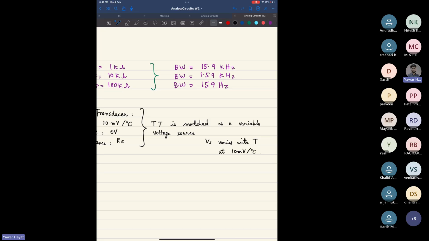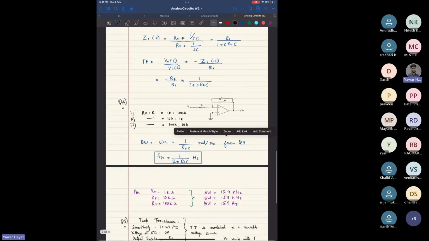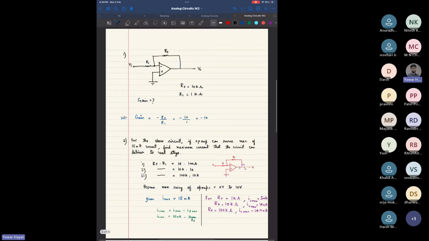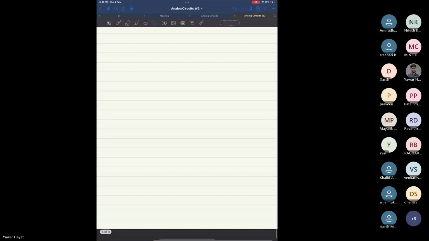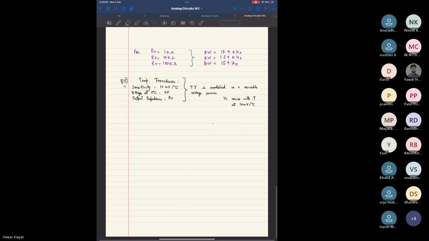So now if the circuit in this question, suppose I take this particular circuit, and suppose that this circuit is used to process the signal from the temperature.